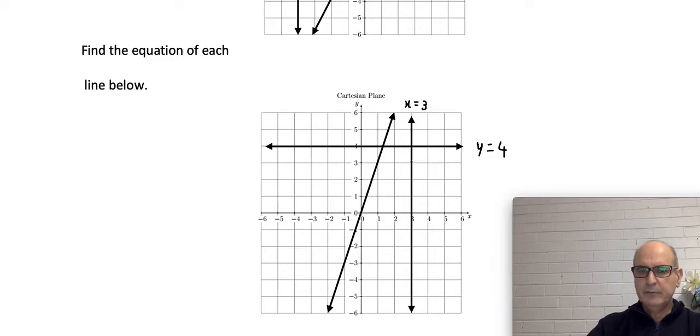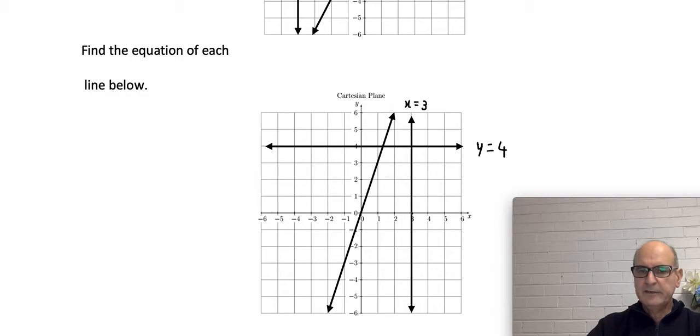Because any point I choose on this line, the x of that point is 3. Another way of thinking of that is this. If you have a vertical line, its equation is going to be x equal to something.